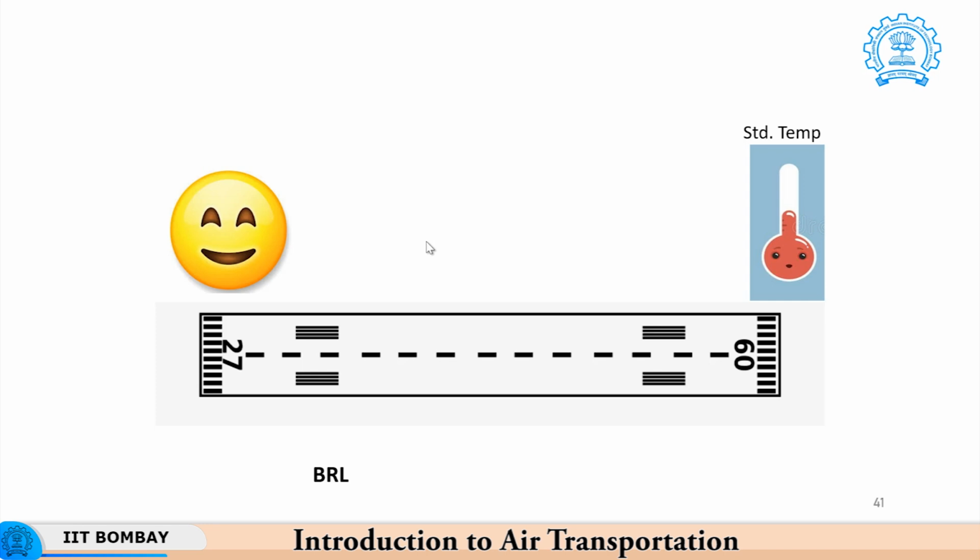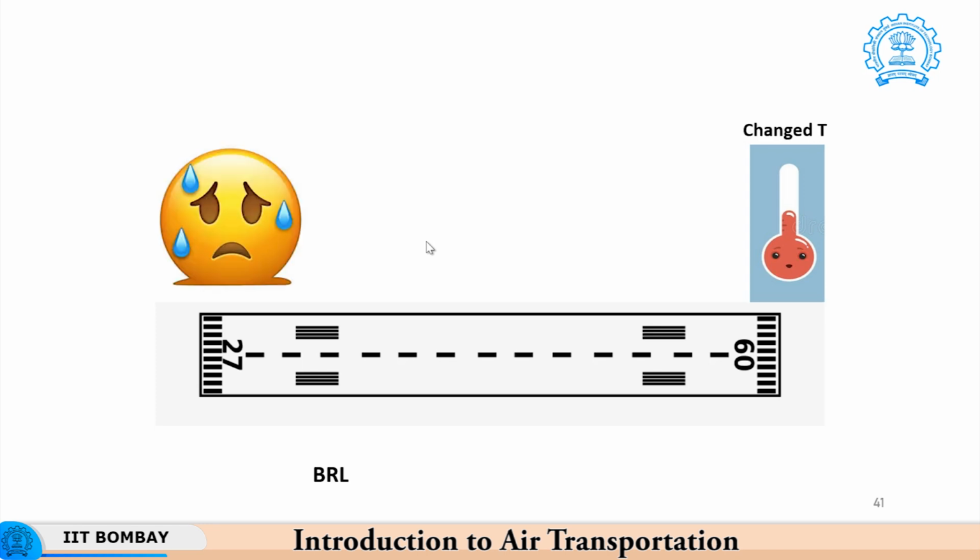There is a runway at the standard value of whatever is there in the ISA for the altitude. So, it is a basic runway length, BRL, but when your temperature changes to a high temperature, there is going to be a higher value of BRL. It will not be BRL, it will be BRL T, where you are showing here that the effect of local temperature has been considered.